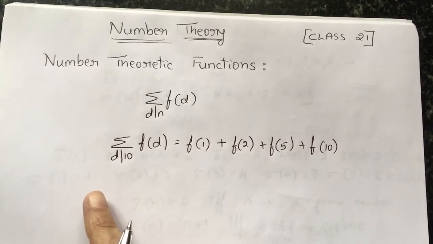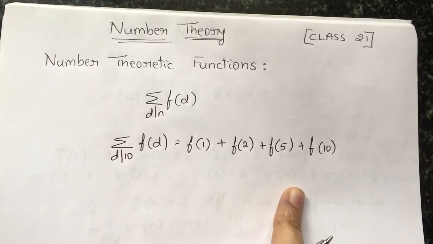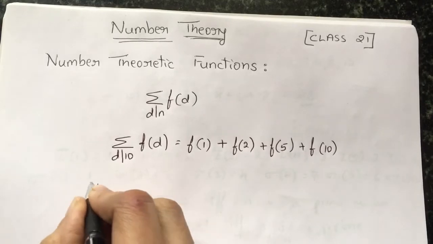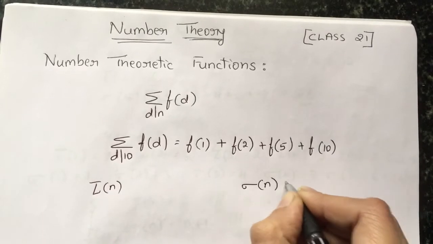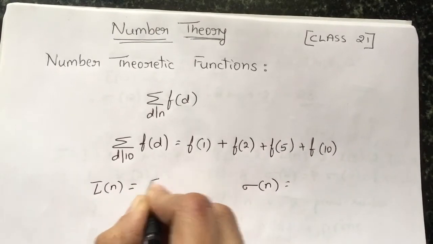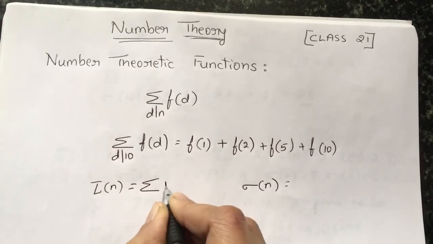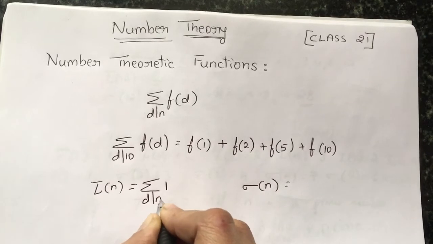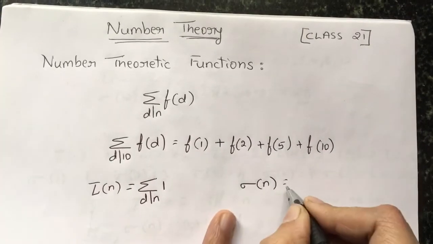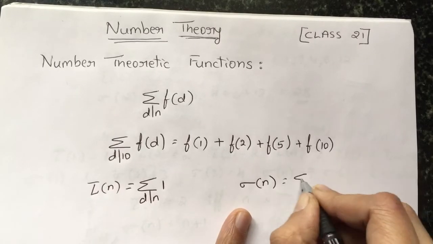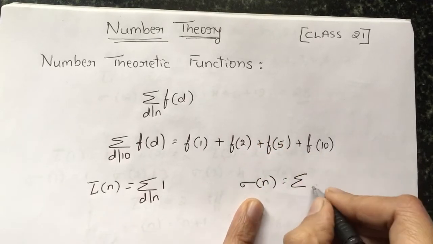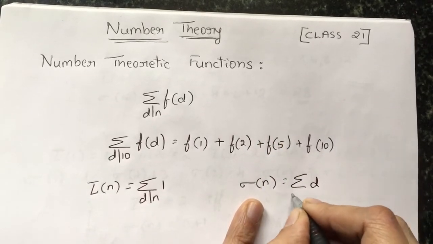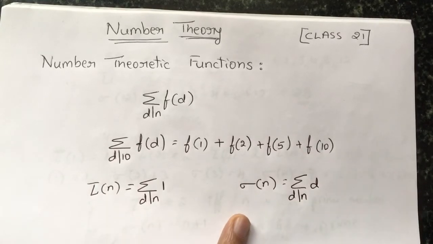With this understanding, I'm representing tau of n and sigma of n. Tau of n is nothing but summation of 1, which runs over all the divisors of n, and sigma of n is nothing but the sum of all the divisors, so it is summation of d, where d runs over all the divisors of n.